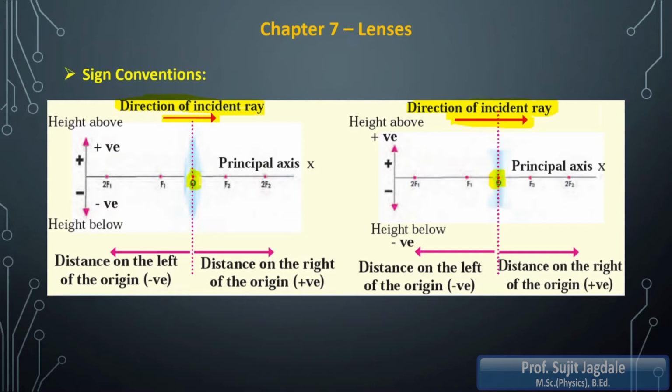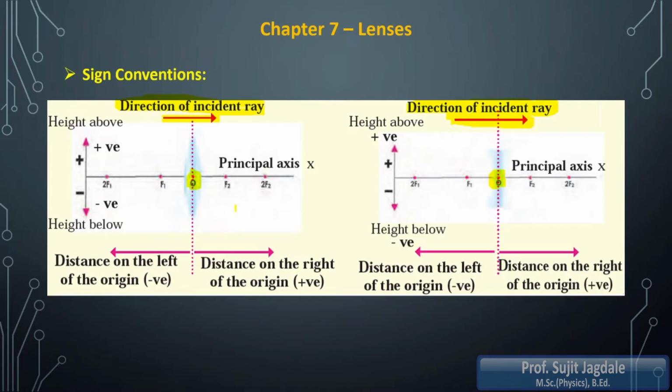We had studied that the optical center O is the point through which all the light goes undeviated, all the incident rays go undeviated, that means their directions are not changing. So from that point we have to measure all the distances, and that point is present inside the lens, whether it is convex or concave.